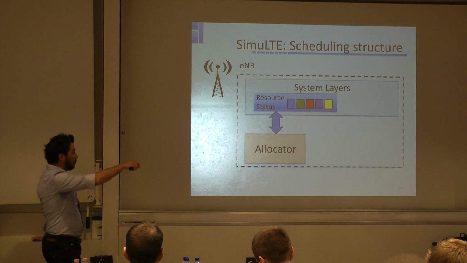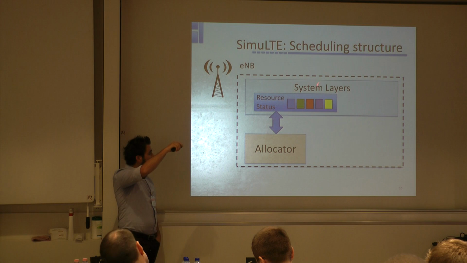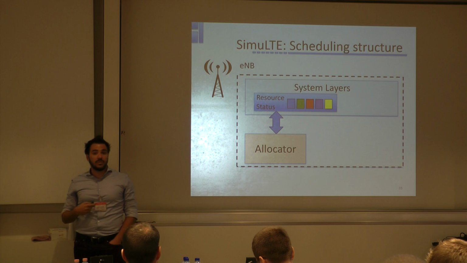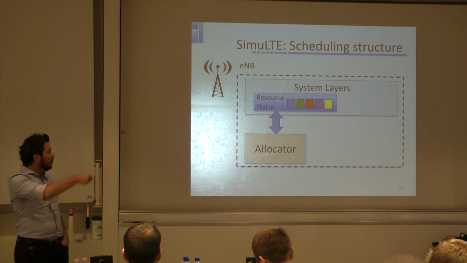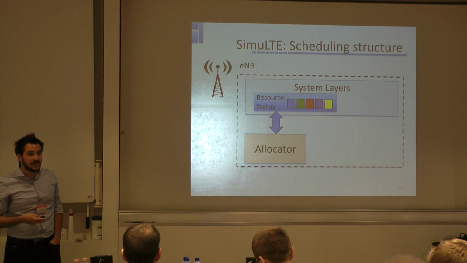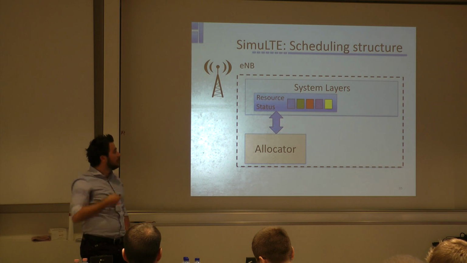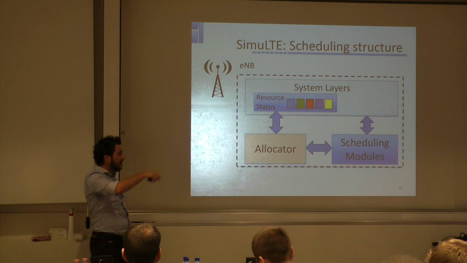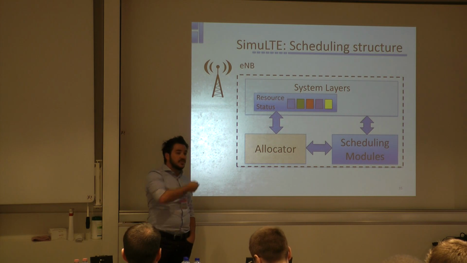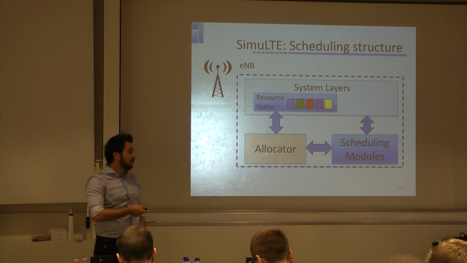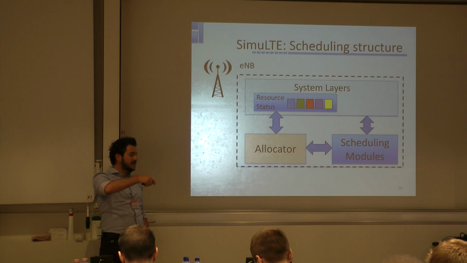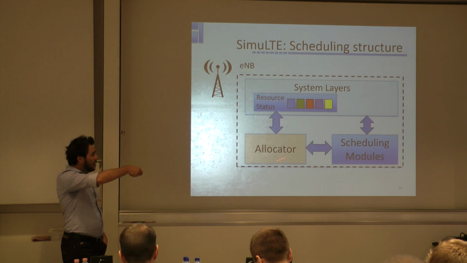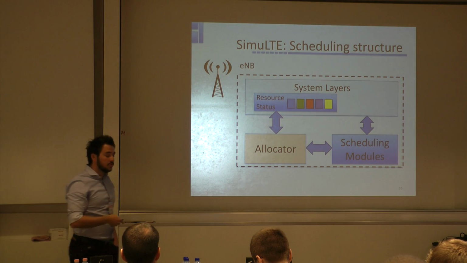Among all those compound modules, we have a simple module called the allocator that is responsible for asking resources with respect to the resource status of the system. And we have a separate set of scheduling modules that are responsible for deciding how many resources to allocate to each user. So, okay, we have different connections between all of those modules.